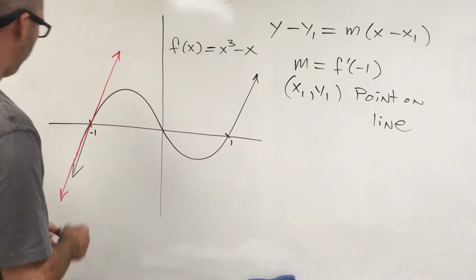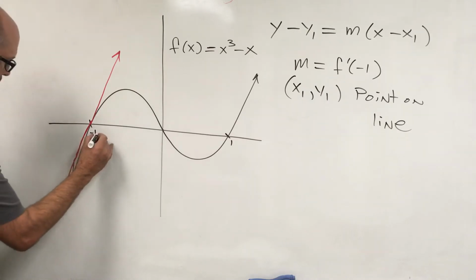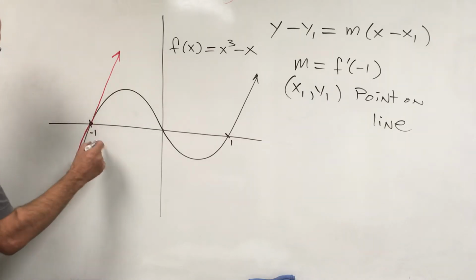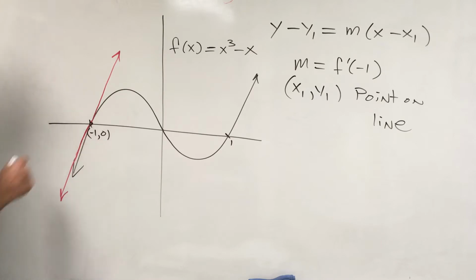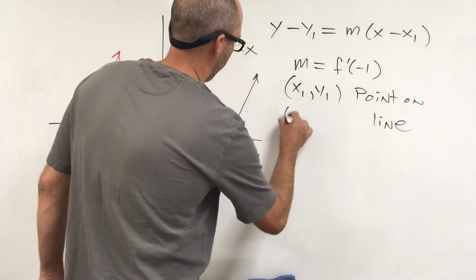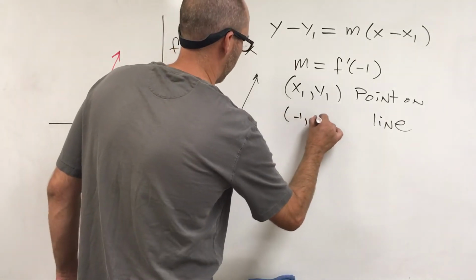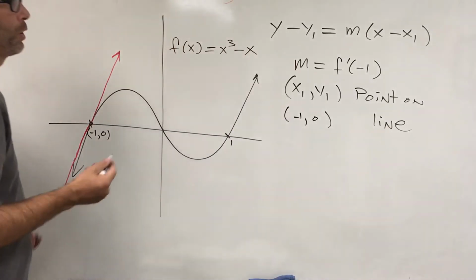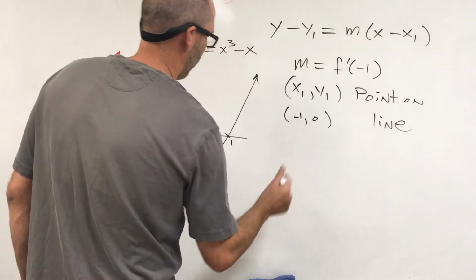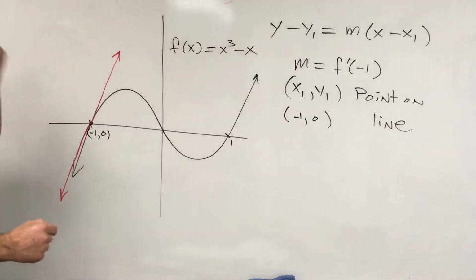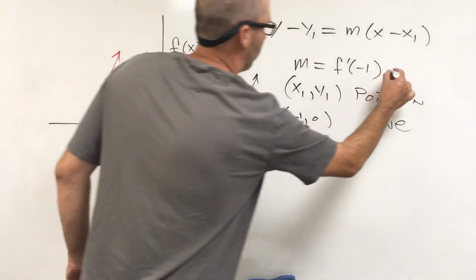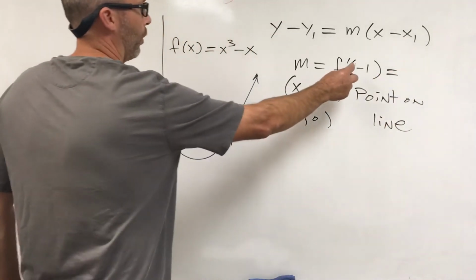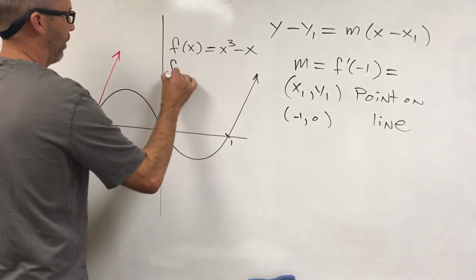So you can think of this as the point -1, 0. So there's our point. Okay, so the equation of this tangent line, let's find f prime of -1.